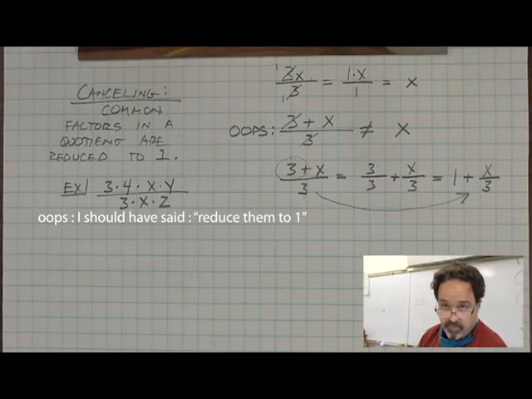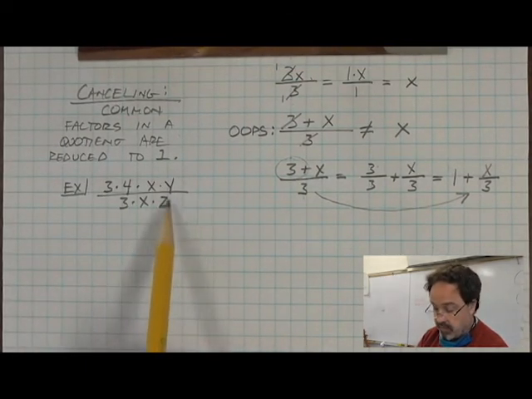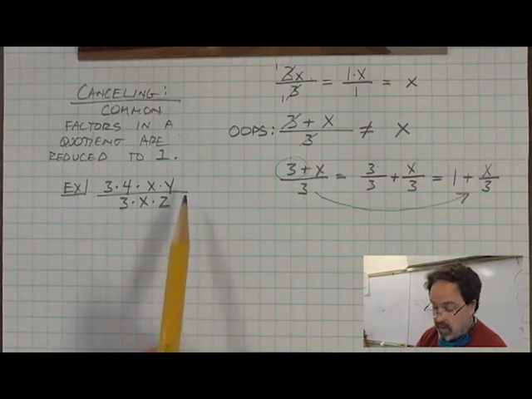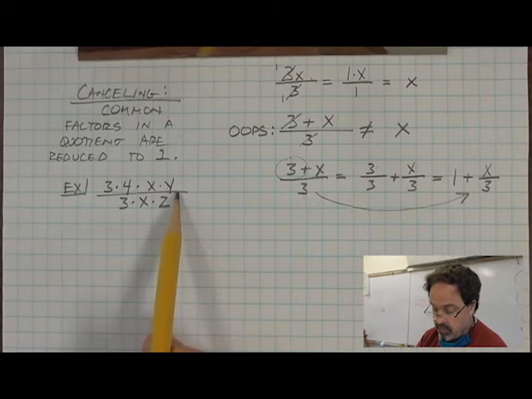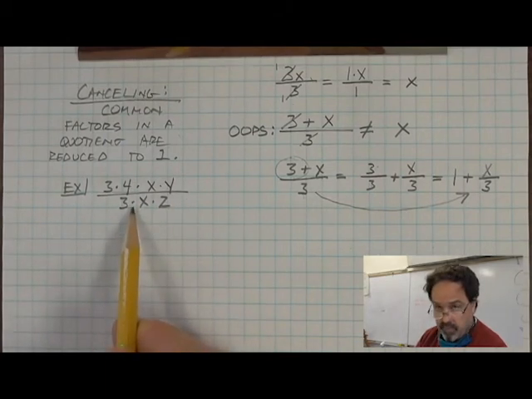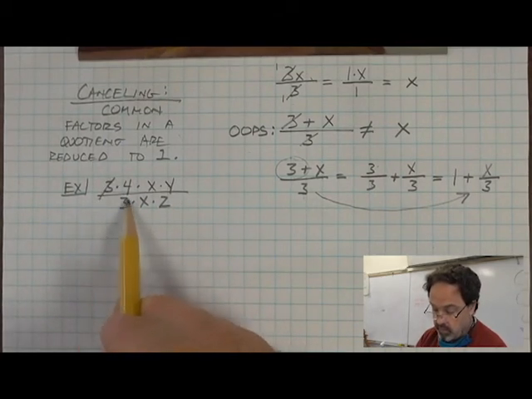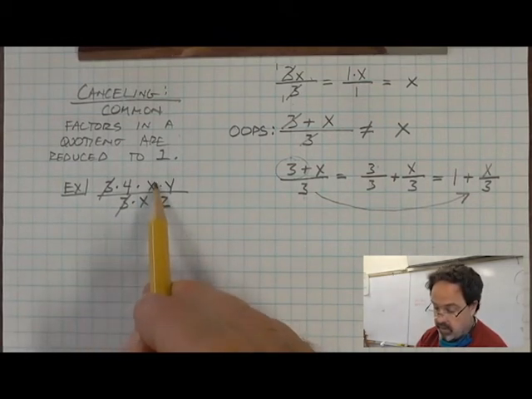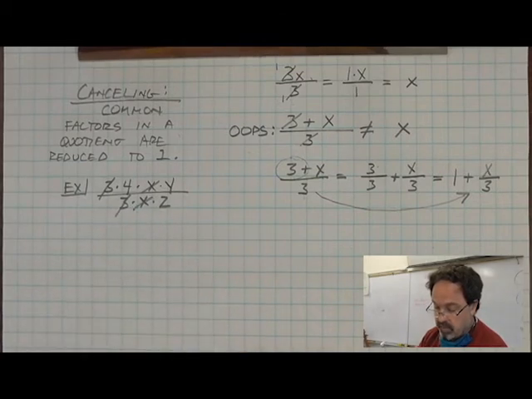I can cancel them and simplify what I have. These are all factors because they're all being multiplied. And so if I find a common factor in both the numerator and the denominator, then I can reduce them to 1. I can reduce the 3's to 1, and I can reduce the x over x to 1.